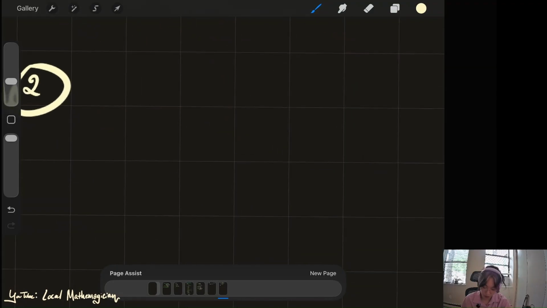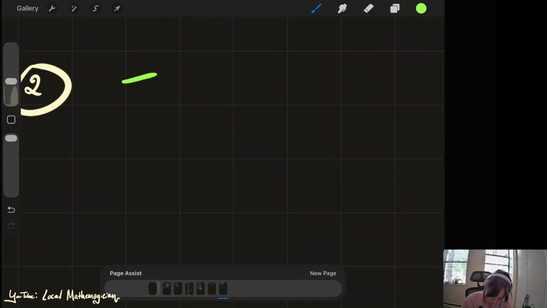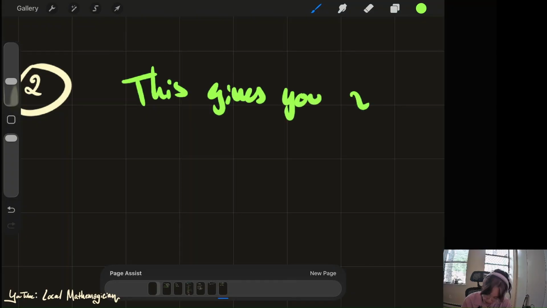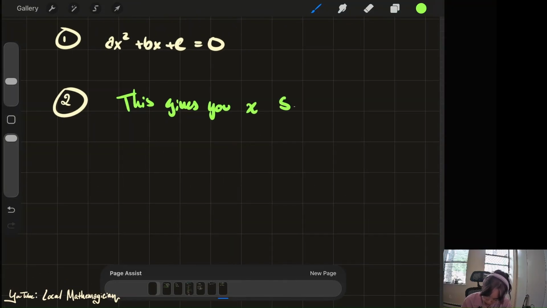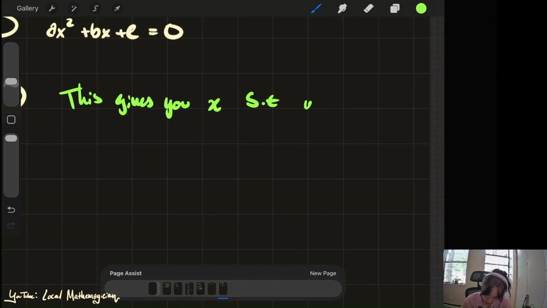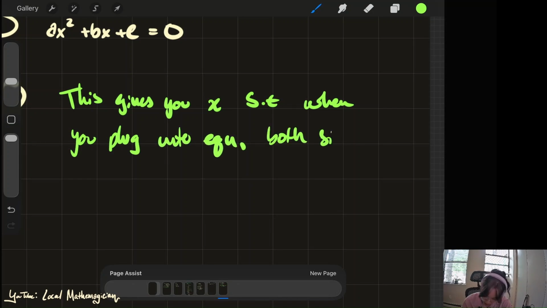This is how you solve for x. This gives you x such that when you plug into the equation, both sides equal 0. Okay?